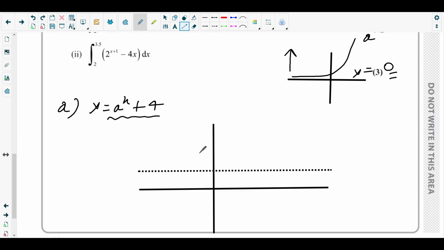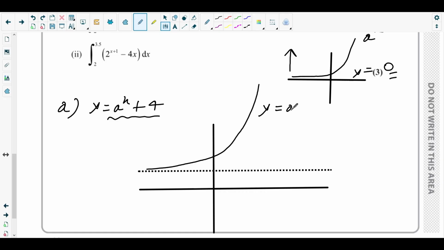The curve, a to the power x plus 4, will go like this. This is y equals a to the power x plus 4. This is the y-axis and this is the x-axis.